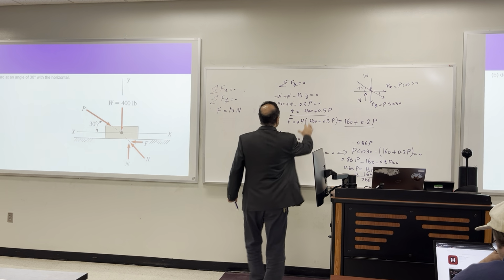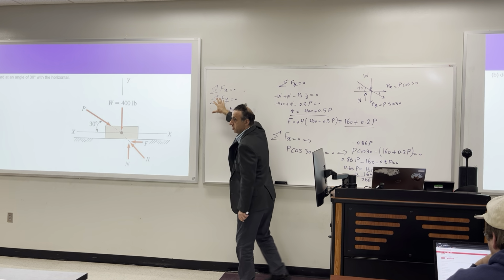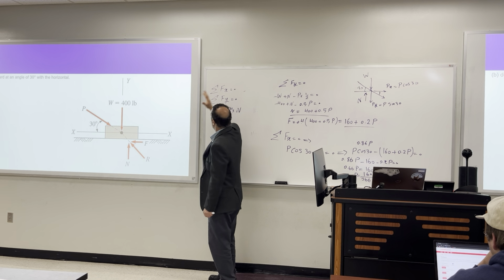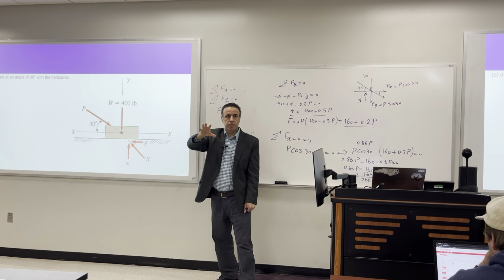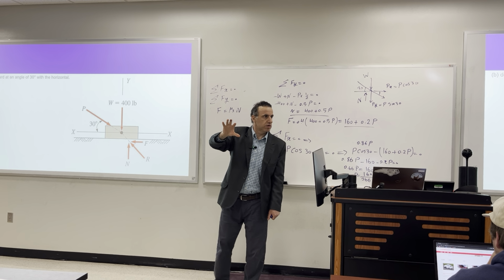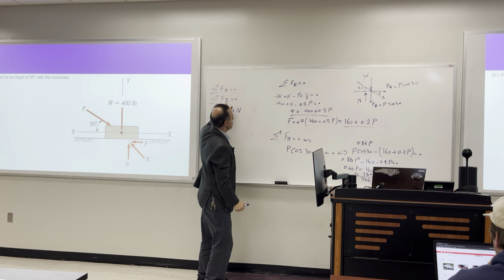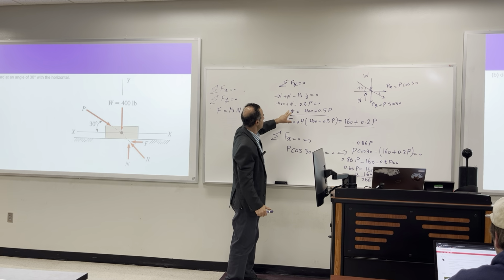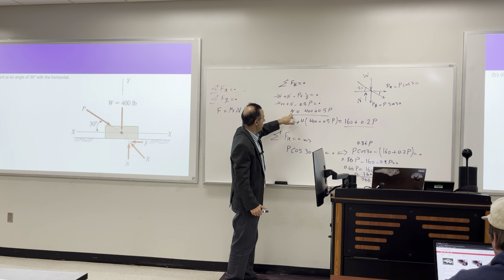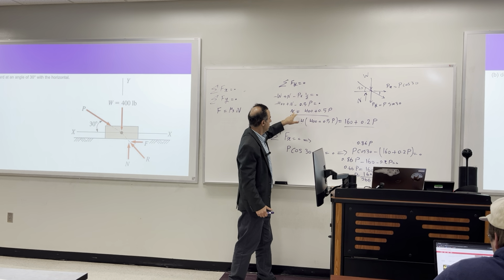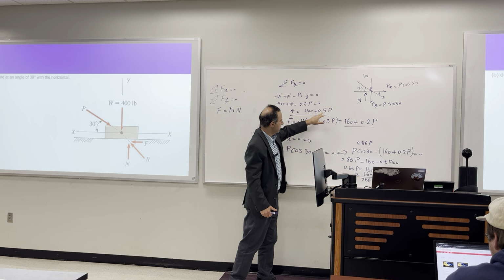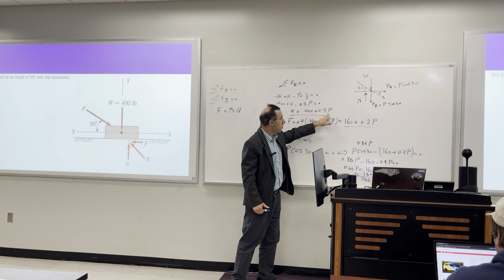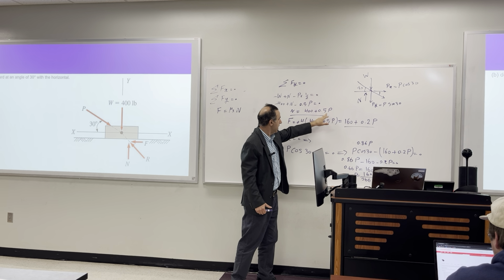So what happened here? We use this equation. Remember, for friction, write down this equation and then start using it one by one. So here I use this Fy equation to find N. N came up as a function of some number, weight, and my unknown P. Okay, I have it there.